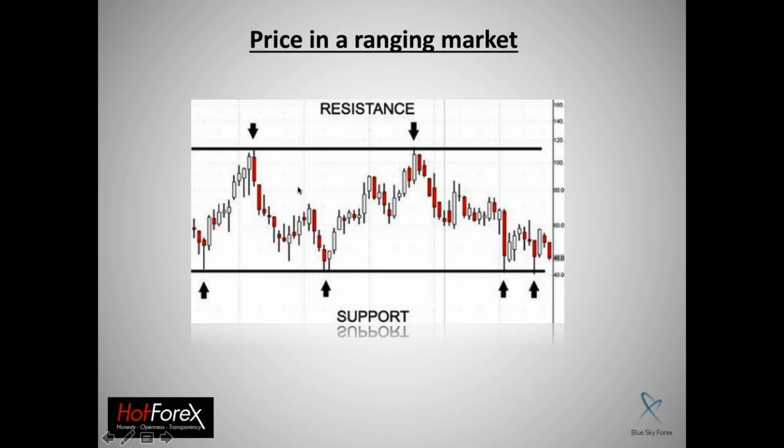It doesn't matter, but for consistency's sake, always compare like for like. For example, if this is R2, then this here would be S2. Then you're just playing a much wider range depending on your risk levels. If you're higher risk, then you will take short positions at R1 and long positions at S1. You're playing a bouncing market, this ping pong action.